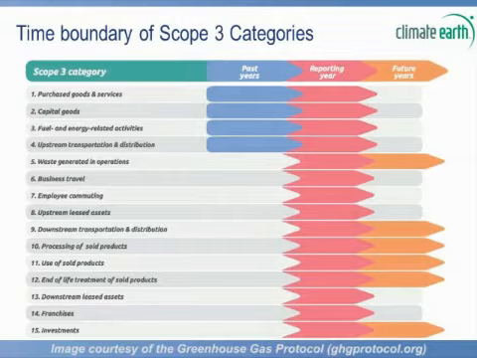So unlike financial accounting, where one might amortize the expense of a capital good over many years, the protocol defines that you account for all of the emissions associated with the purchase of a capital good, for example, a building, in the year that it goes into use. And it's expected that by declaring which category those sorts of emissions are in, it helps clarify why, for example, total emissions from one year to another might fluctuate up and down with something like the purchase of capital goods.